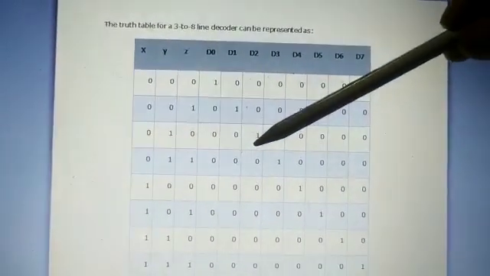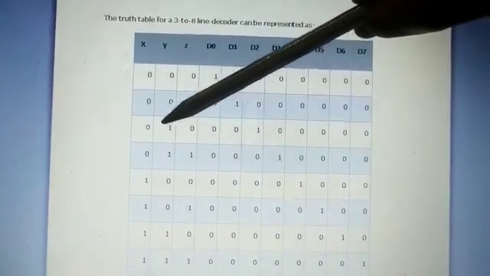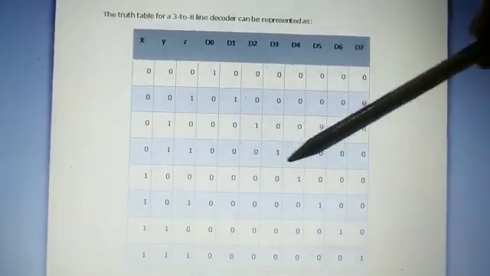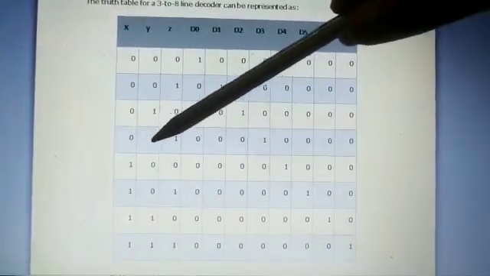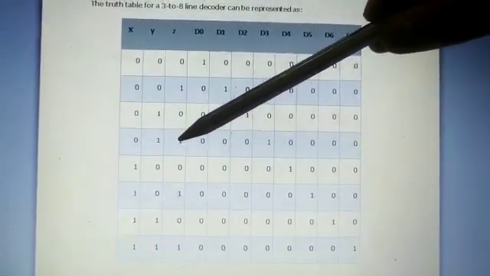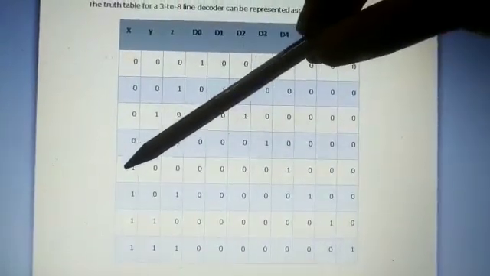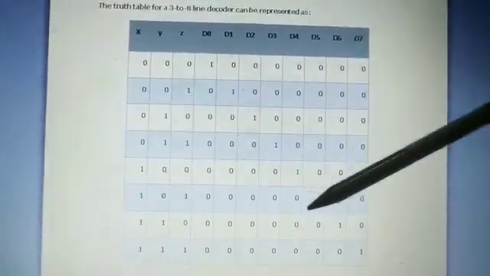D2 will be selected when X has 0 value, Y has 1 value and Z has 0 value. D3 will be selected when X has 0 value and the rest, Y and Z, have 1 value. D4 will be selected when only X has 1 value and Y and Z have 0 value.